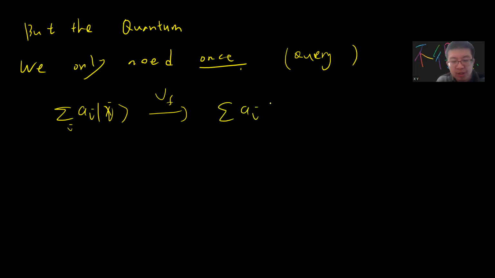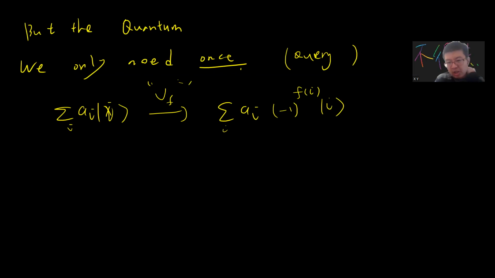I can directly say that God just gives me this UF, and I can apply it to any state. The query complexity asks how many times I need to use UF.